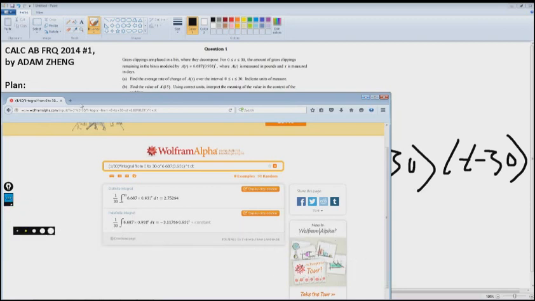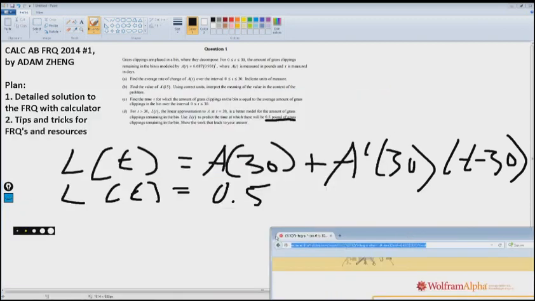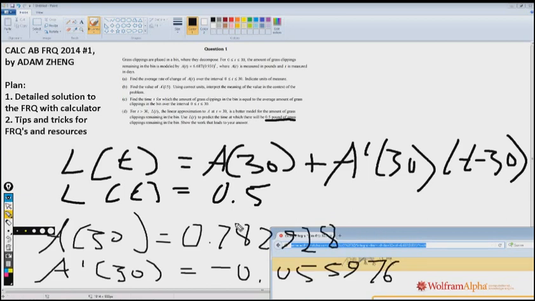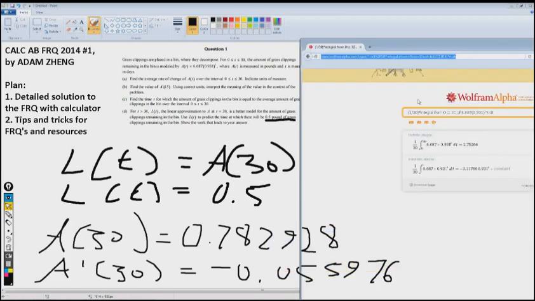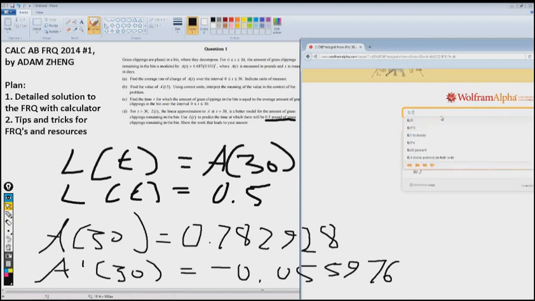And to do this, we will say 0.782928 plus minus 0.055976 times t minus 30 equals 0.5.